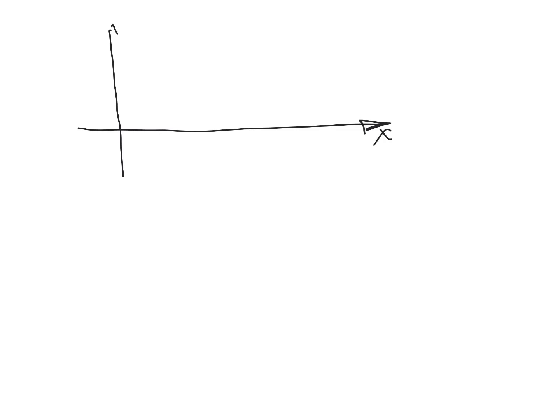So the way we handle it is we let t represent any positive number to the right of 1. And so we're going to compute the area from 1 to t and let t go to infinity.